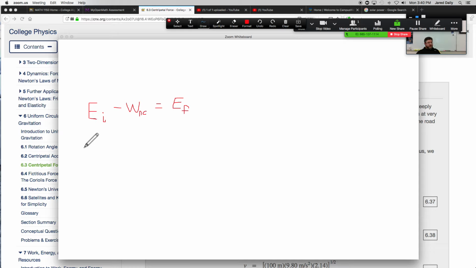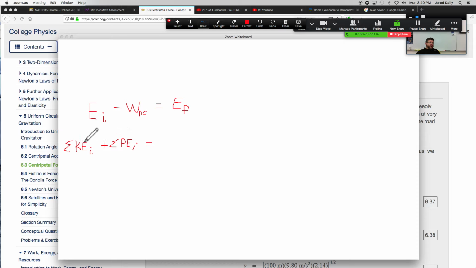Or you could make it a little more explicit. You could say all of the kinetic energies added together. So if you add up all the kinetic energies initially, the sum of all the kinetic energies, plus the sum of all the potential energies, so you add up all the different kinds of initial potential energies that you could have at the beginning. And you might not have any potential energies. You might not have any kinetic energies. That's fine. You might not have any energy to begin with at all. And then your final energy would have to equal 0, right?